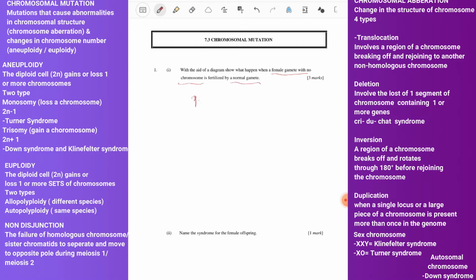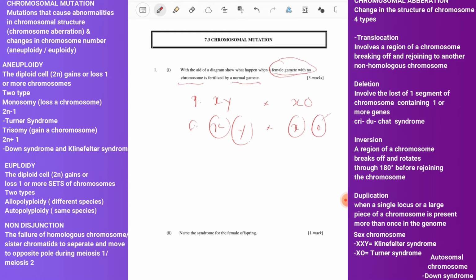So the parents: a female gamete with no chromosome, XO, which refers to the female gamete with no chromosome, and the male gamete XY. Fertilized by XO, the gametes will become XY crossed with XO.